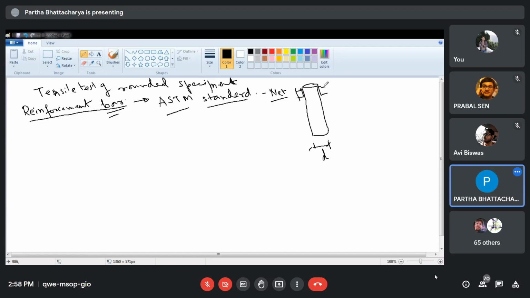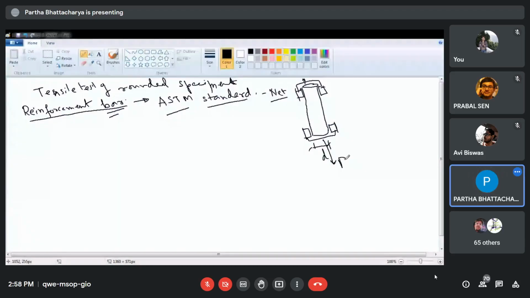Suppose this is the frame on which it is mounted, and this frame is subjected to some kind of axial load.